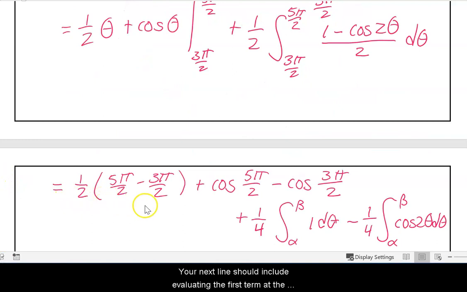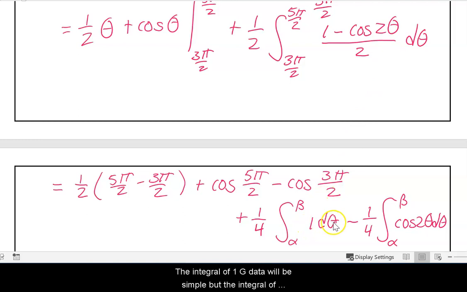Your next line should include evaluating the first term at the upper and lower limits of integration, and the second term at the upper and lower limits of integration. Pull the 1/2 constant factor out of the integrand, then distribute it across the 2 integrals found by splitting up what was in the numerator into 2 different integrands.